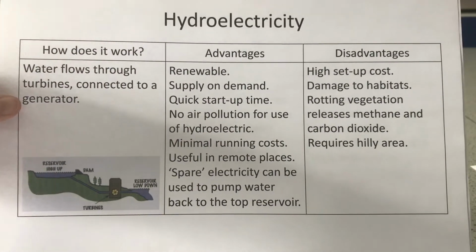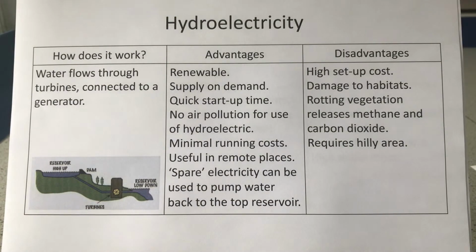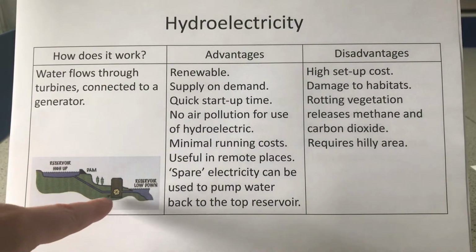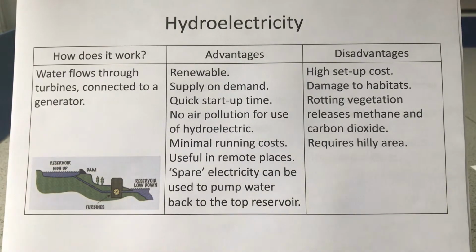Let's look at hydroelectricity. Okay, this is our reservoir, and we've got a dam. We've got some pipes here with turbines going to a lower reservoir. The water flows through the turbines when you open the tap, and those turbines are connected to a generator. Again, renewable. Supply and demand is really good because there'll be several of these taps and turbines across the dam, so you can maybe open one of them or four of them.